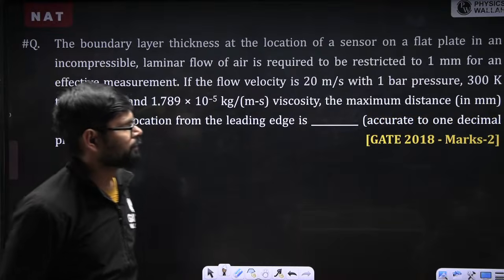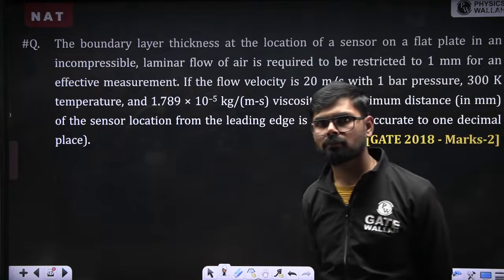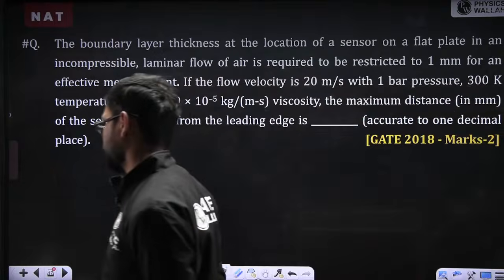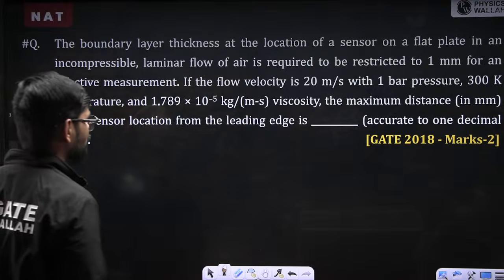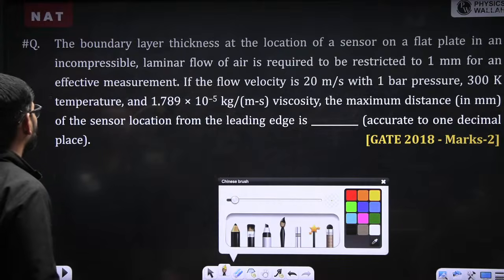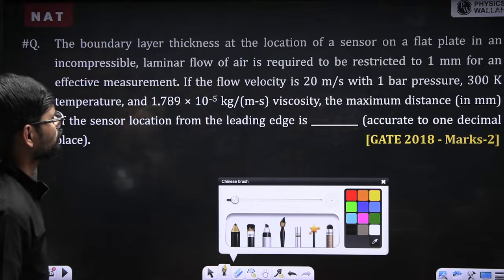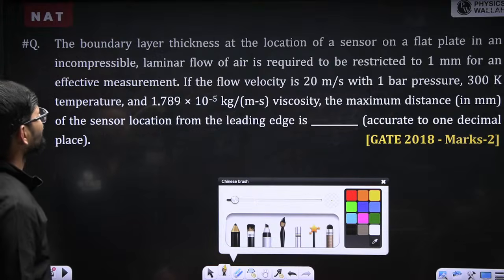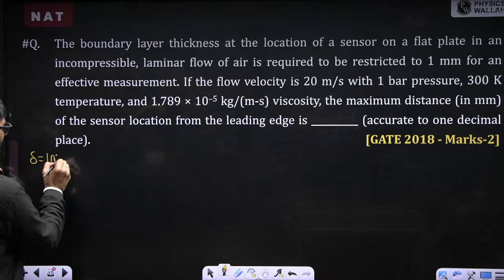Next problem. The boundary layer thickness at the location of the sensor on the flat plate in an incompressible laminar flow is requested to be restricted to 1 mm. The boundary layer thickness delta value is given, 1 mm.